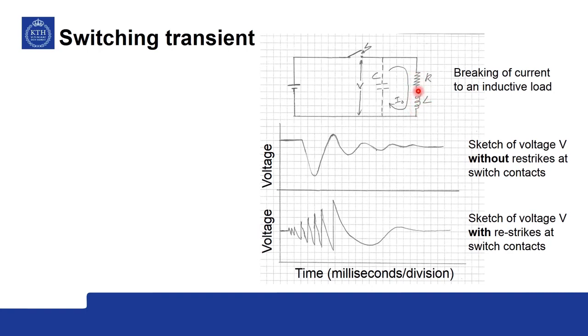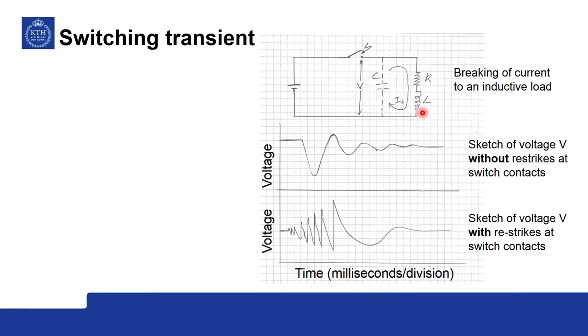Inductance is a storing element, it can store electromagnetic energy. And you can have parasitic capacitance here, because if you have two metal pieces across the switch contacts, you can have a capacitance across it. It may be in picofarads, but still there is a capacitance.